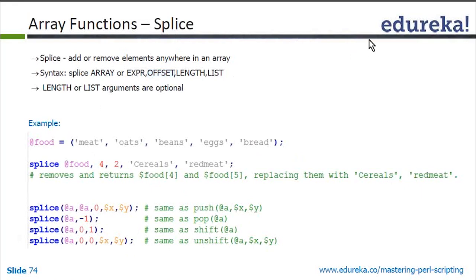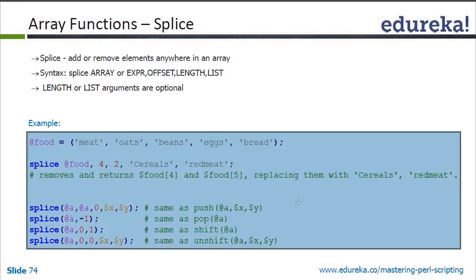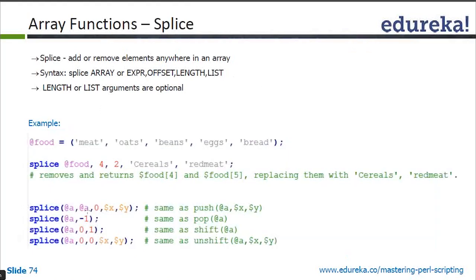So basically, when we do a splice with an @ array, look at the arguments of a splice. We are passing the first, which is the array, and second is offset, length and list. So you can also pass an array. What it does is you are basically taking this as an index, right?